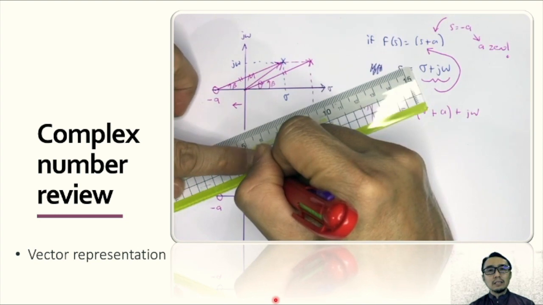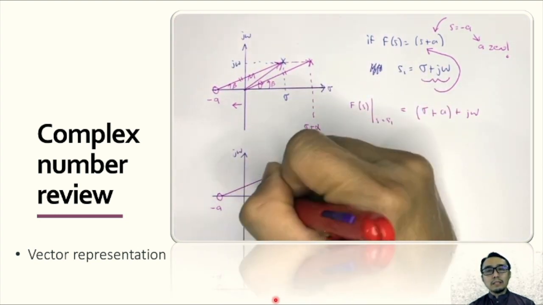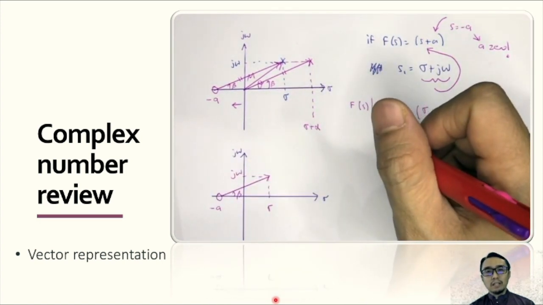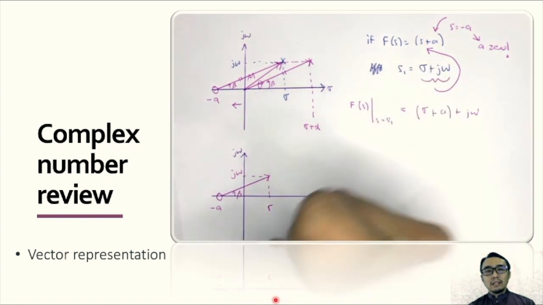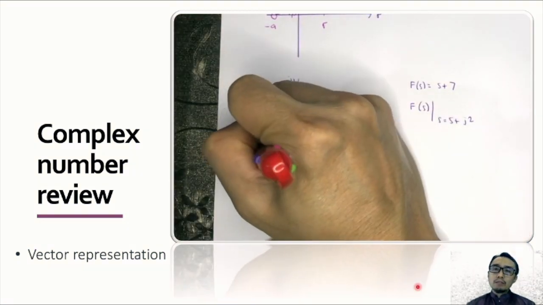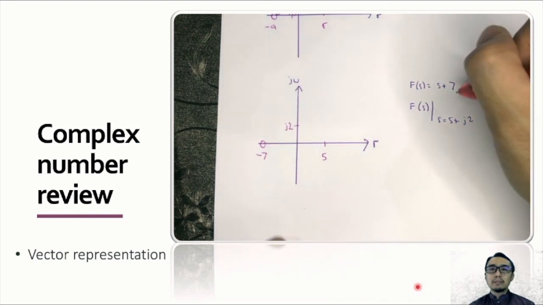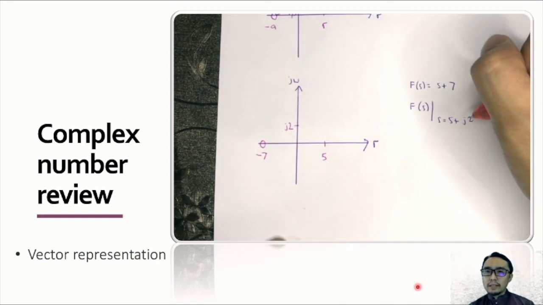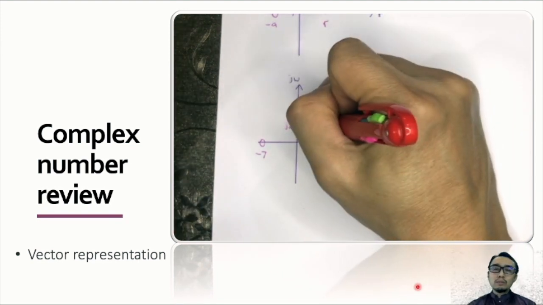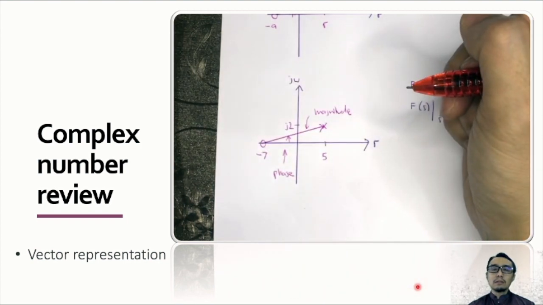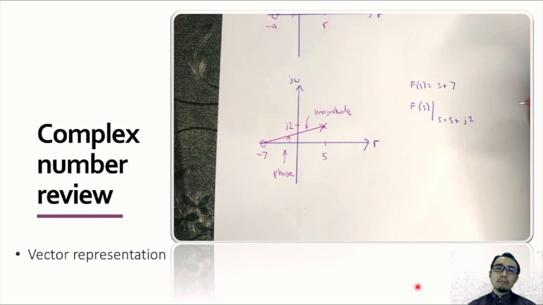So what we can see is we can represent the complex number F(s) as a vector drawn from the zero of F. If we have F(s) equals s plus 7 and we want to see the value of the resulting complex number for s equals 5 plus j2, all you need to do is to identify the zero, which is minus 7, and you can just draw the vector from the zero of F to the complex number 5 plus j2.